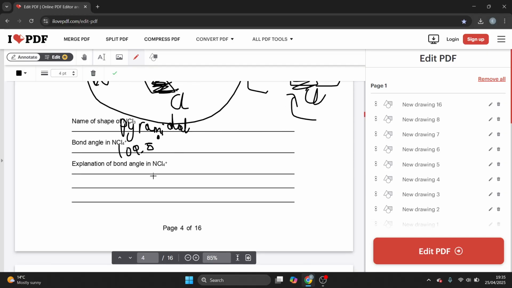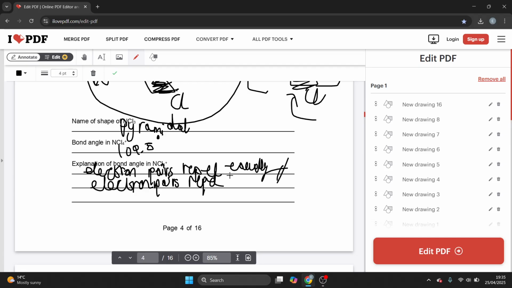And the explanation for the bond angle in NCl4+: electron pairs repel equally, electron pairs repel to be as far apart as possible.